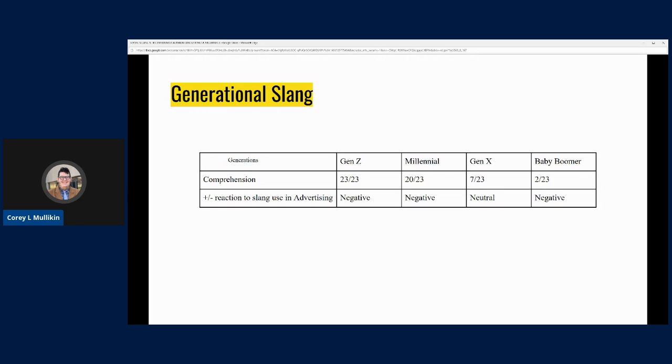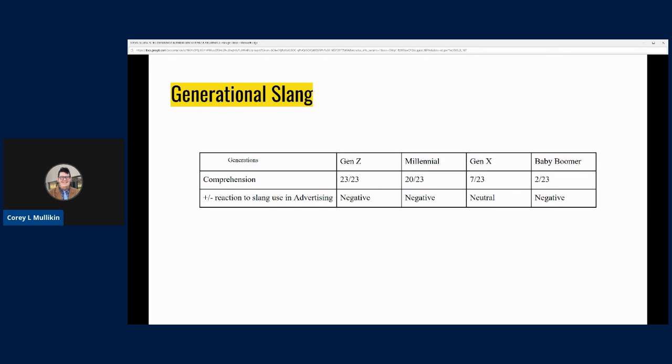So should we use these terms, these slang words, in our marketing efforts? Well, we know that they really hate it, but there's a few finite cases where you can. But there's a really important reason why you shouldn't. And I like to dub it the cool mom effect.